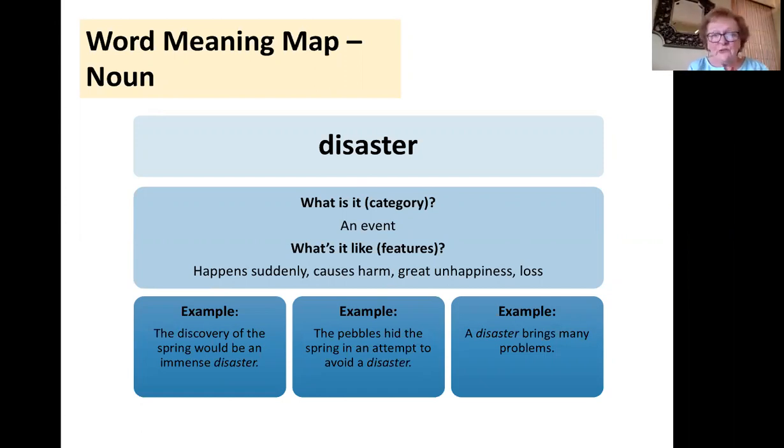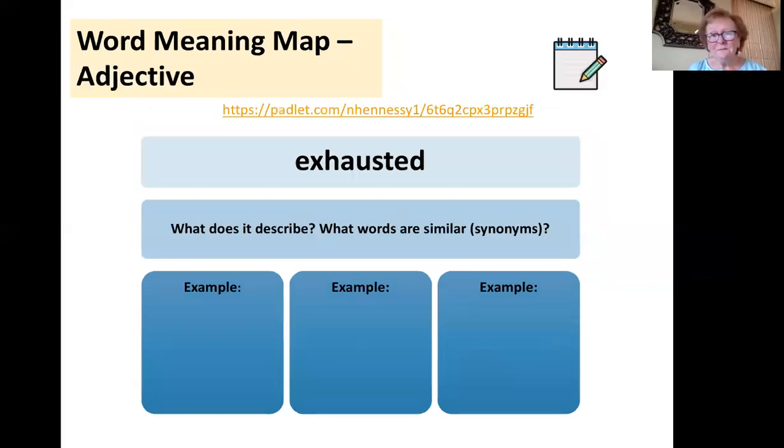So the discovery of a spring would be an immense disaster. Right? The pebbles hid the spring in an attempt to avoid a disaster. A disaster brings major problems. Now I can lift those sentences directly from the text, or I can coin sentences that relate directly to the text, and that's what I've done here.